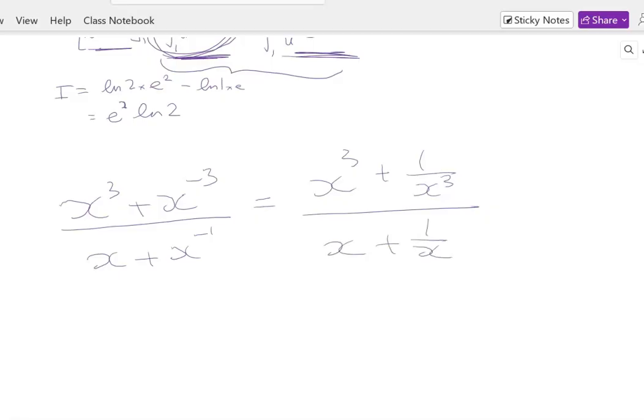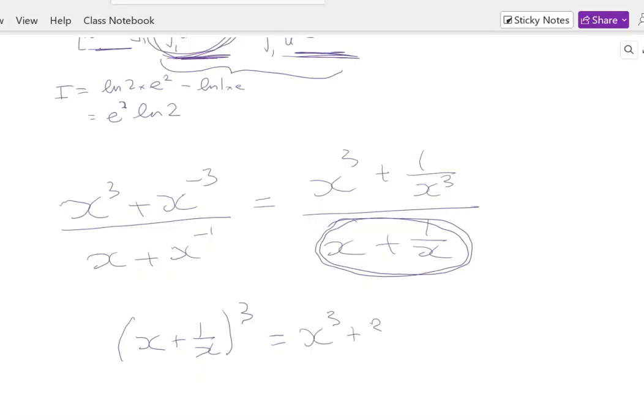But if you're just looking for basically dividing it out and getting a simpler expression, let's see what happens if we take the denominator and cube it. So if we have x plus 1 over x cubed, that's going to give me x cubed plus 3x squared times 1 over x plus 3x times 1 over x squared plus 1 over x cubed, right?